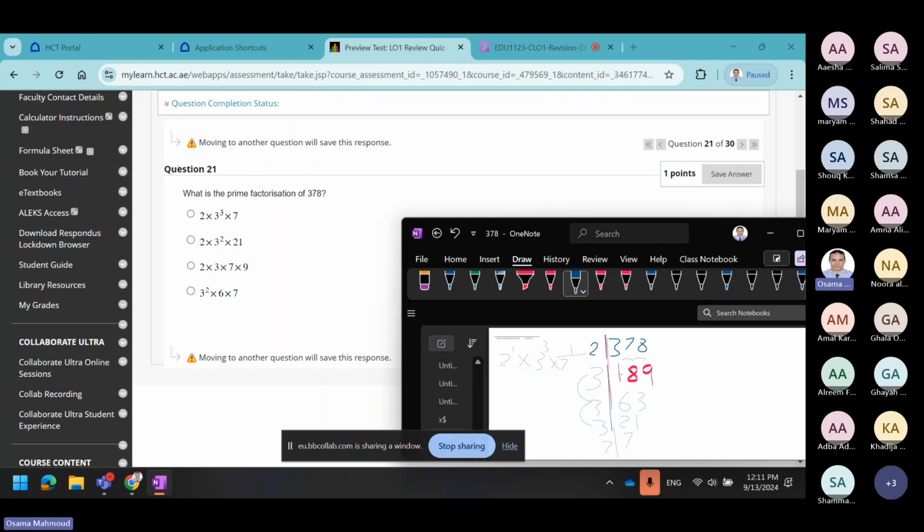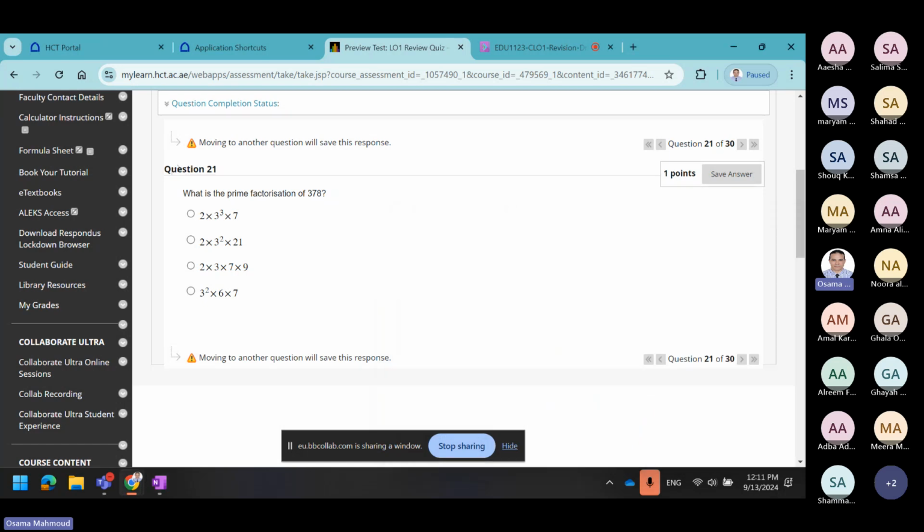So without doing the details, I can choose the first one, because the others contain 21, 9 and 6, which are not prime. You can choose the correct answer, which is the first one.